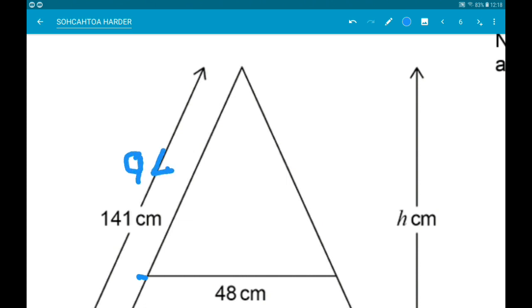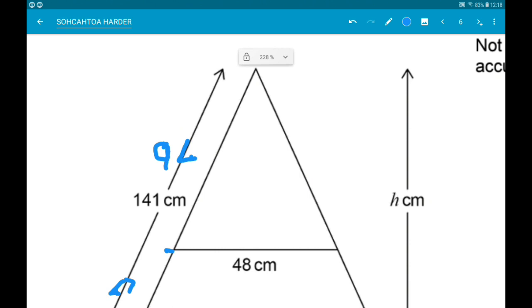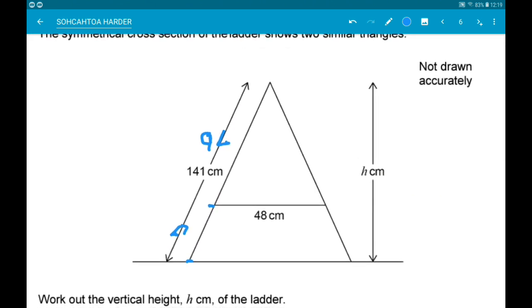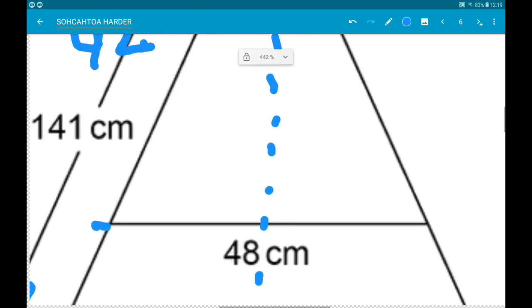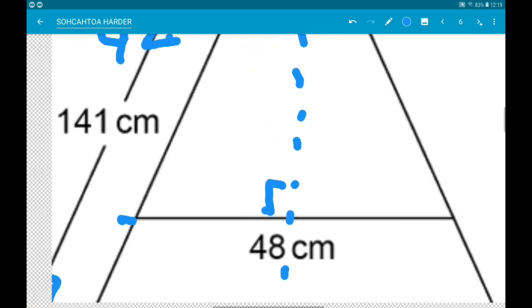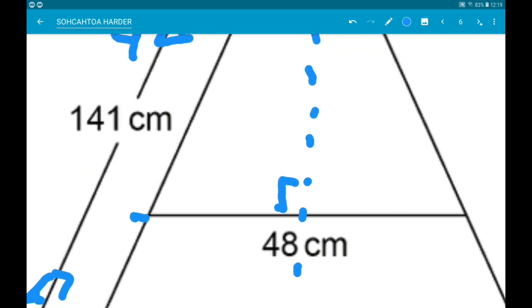Okay, now we were also told that this diagram is symmetrical, so if we draw a line down the centre, that cuts things exactly in half. So the strut, so that's a right angle, so the strut from the ladder to the centre is going to be 24 long.